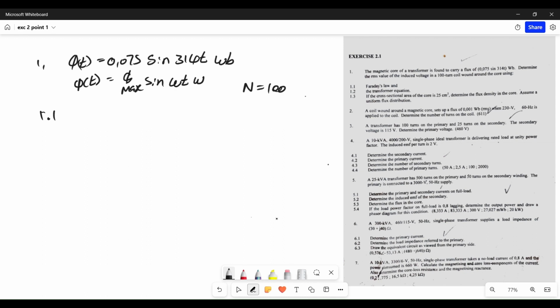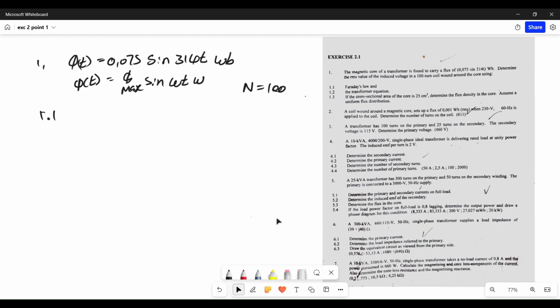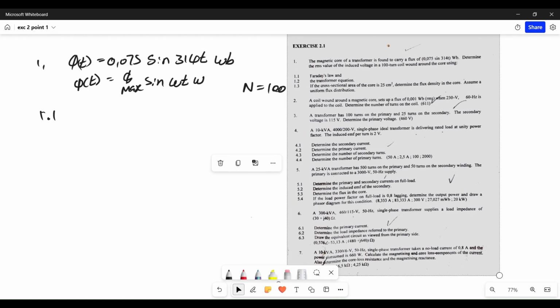question number one tells us that the magnetic core of a transformer is found to carry a flux of 0.075 sine 314 t Weber.